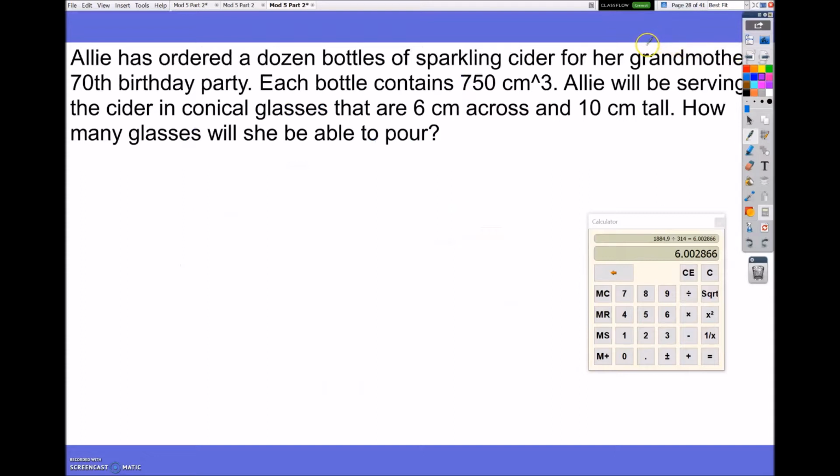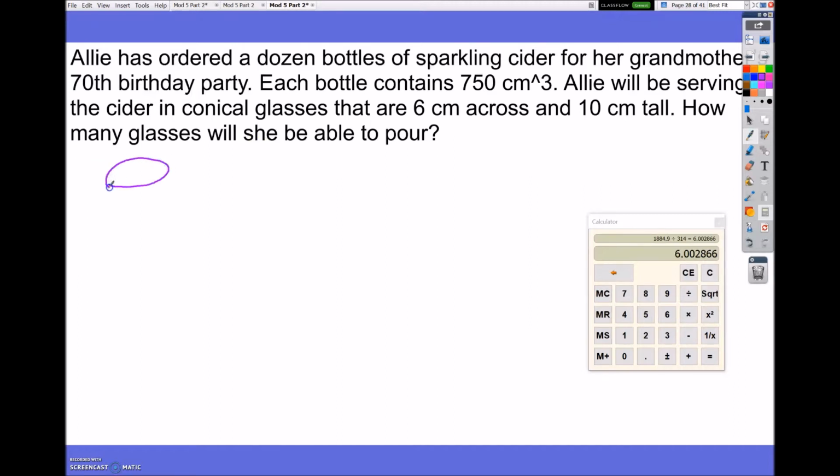Allie has ordered a dozen bottles of sparkling cider for her grandmother's 70th birthday. Each bottle contains 750 centimeters cubed. Allie will be serving the cider in conical glasses, it's just a cone-shaped glass, that are 6 centimeters across and 10 centimeters tall. How many glasses should she be able to pour?